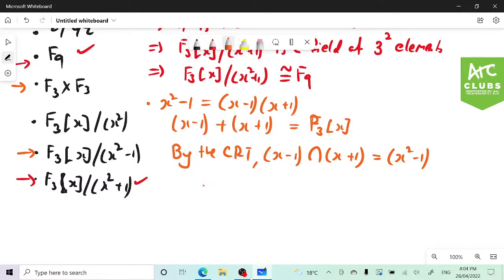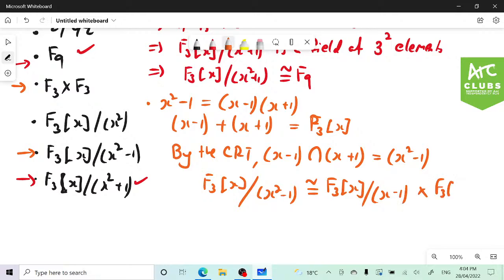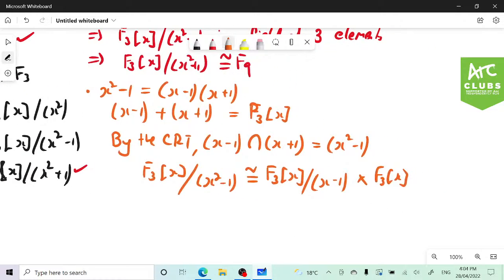So by the Chinese remainder theorem, F3[x] mod x squared minus 1 is isomorphic to F3[x] quotient x minus 1 cross F3[x] quotient x plus 1. But these two ideals are irreducible over this field.